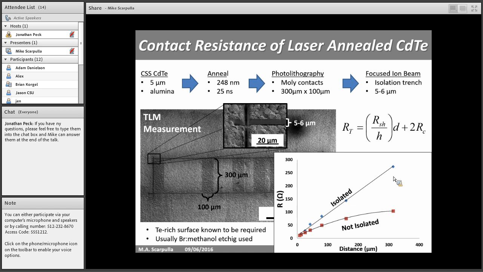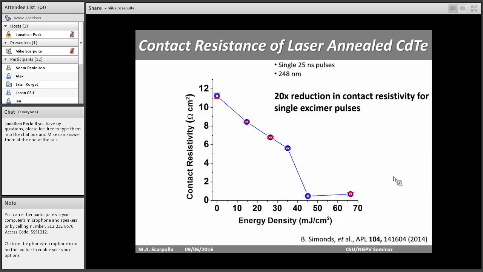And you can see that when we did that, in the blue graph we got a nice linear plot of total resistance versus distance between the electrodes. And from that plot, we can get the slope being the sheet conductivity, and then the intercept giving you twice the contact resistivity. So on this plot is plotted the contact resistivity as a function of excimer laser energy density per pulse.